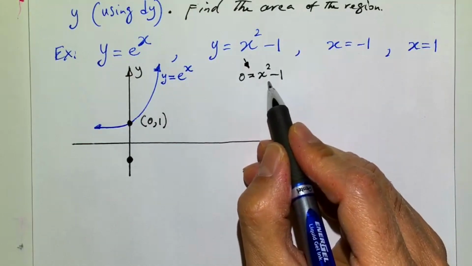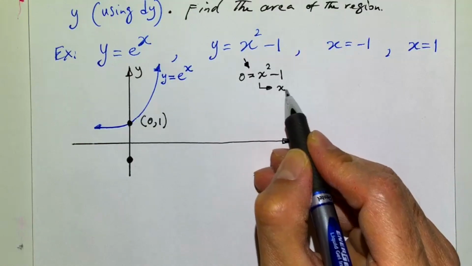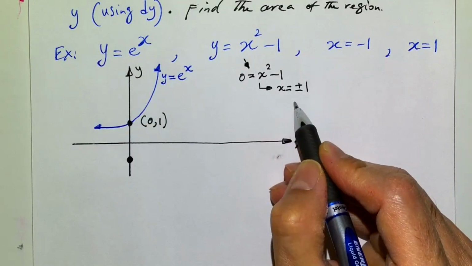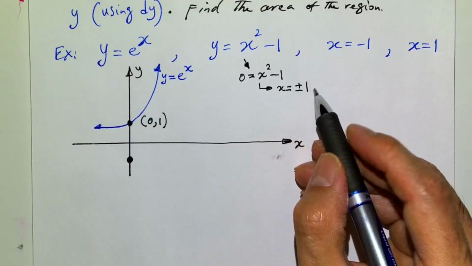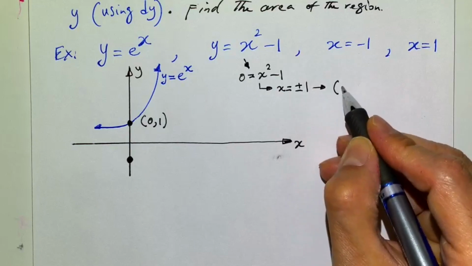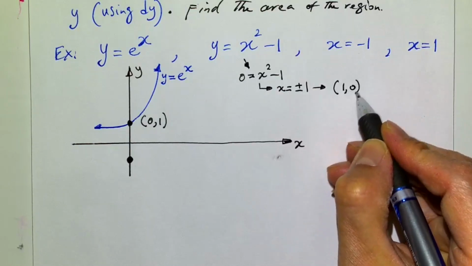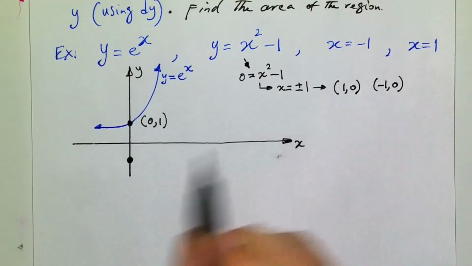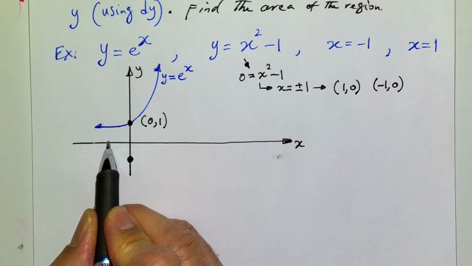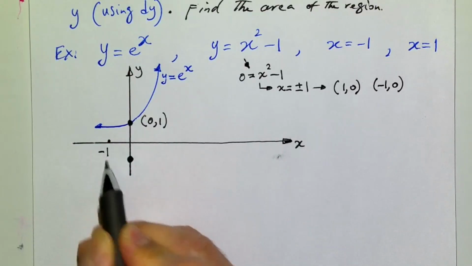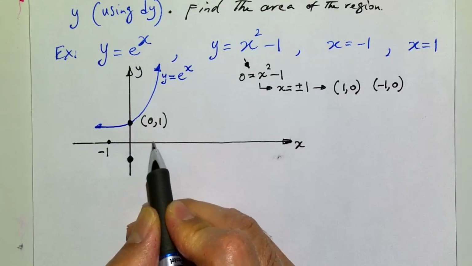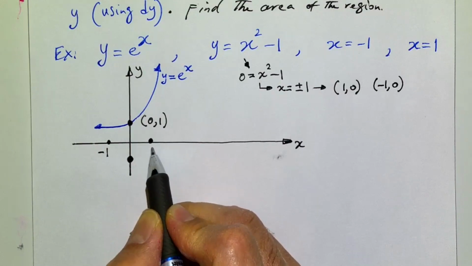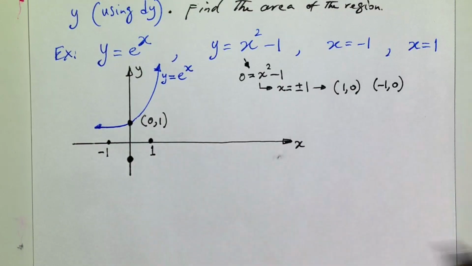Do the algebra, and solving for x, you get x equals plus or minus 1. So the x-intercepts for the quadratic function are (1, 0) and (-1, 0). I'm sure my drawing is off scale, but I'm doing the best I can to keep things proportional.